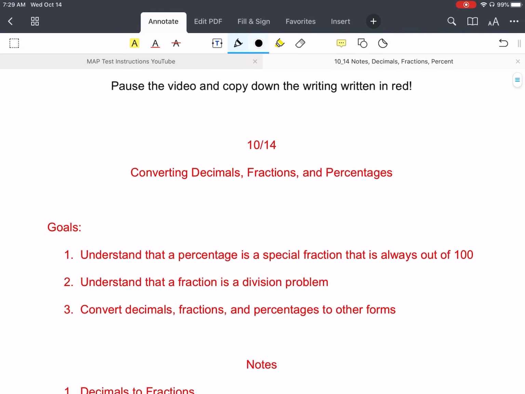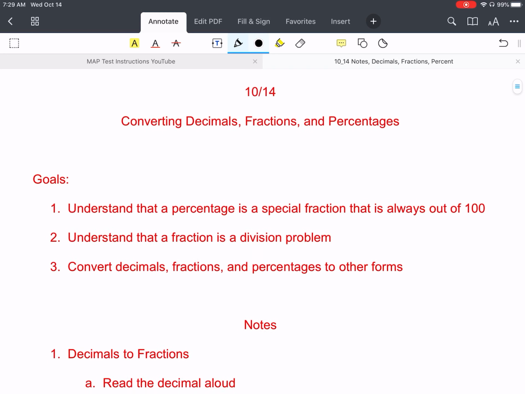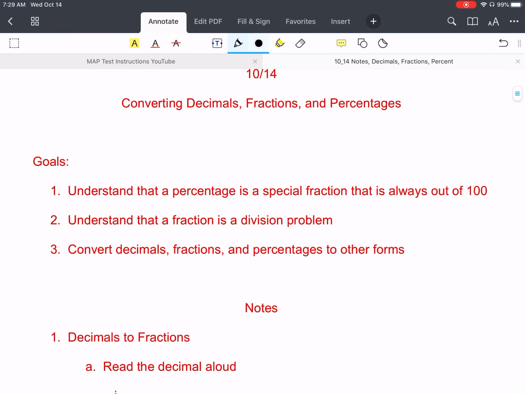So we are converting decimals, fractions, and percentages. Those three things are going to be converted back and forth. Here are our goals. Again, don't be afraid to pause the video, and you can certainly shorten these notes. Goal 1, understand that a percentage is a special fraction that is always out of 100.